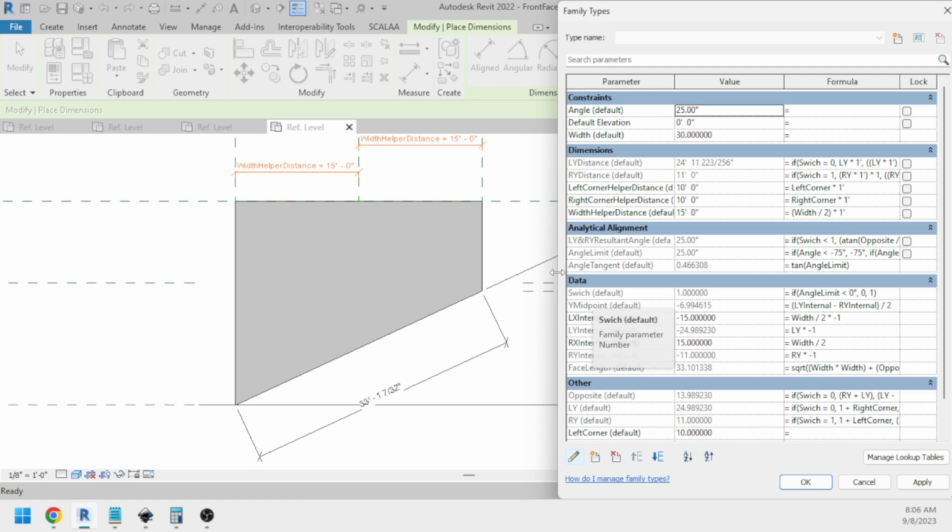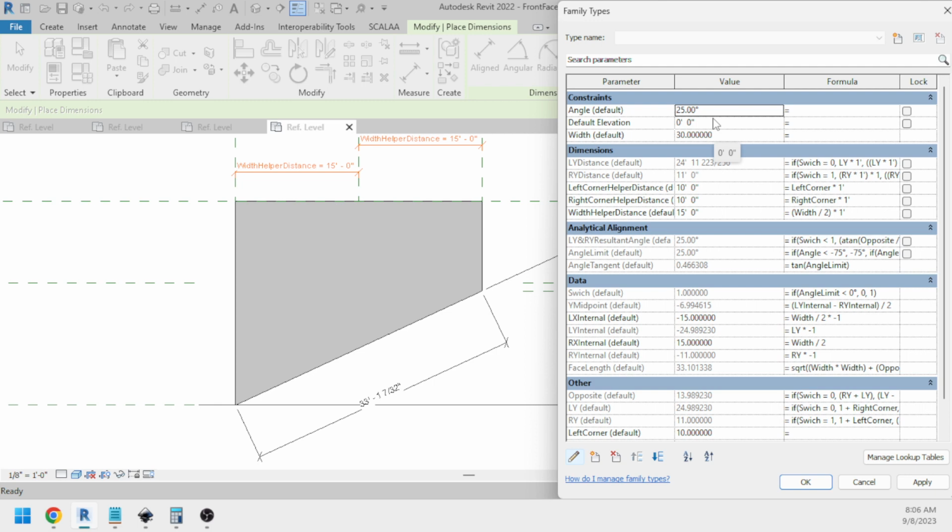The first three parameters define the angle, the elevation, which is a default parameter of a Revit family, and the width. These are the only parameters that the architect or the engineer or the user in general is going to touch.